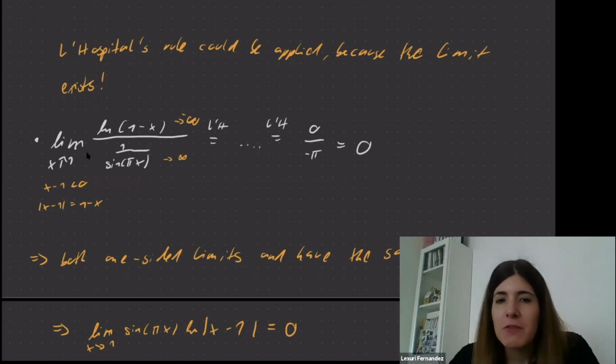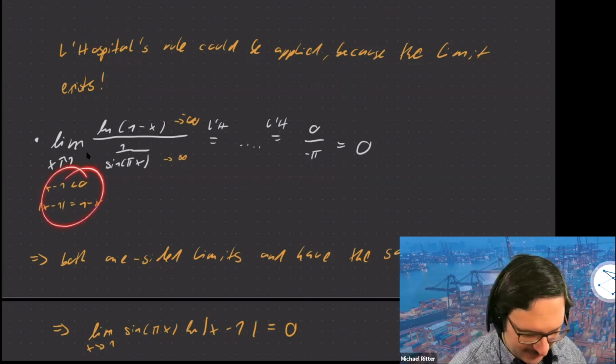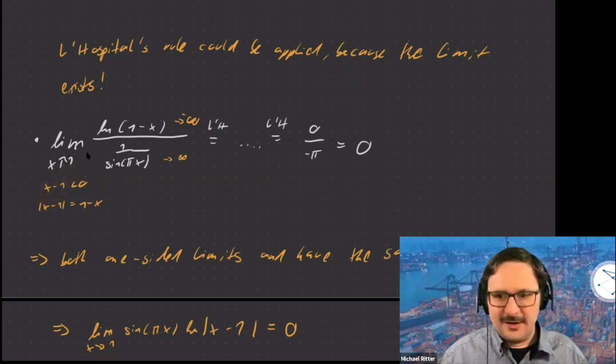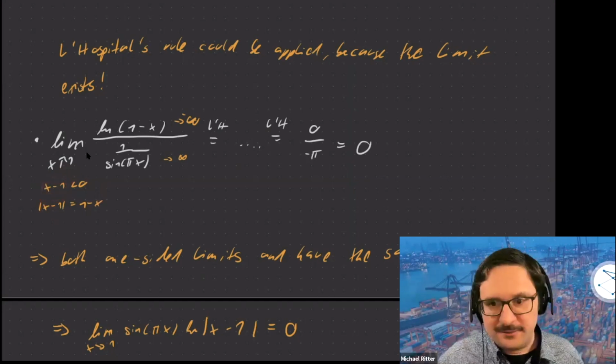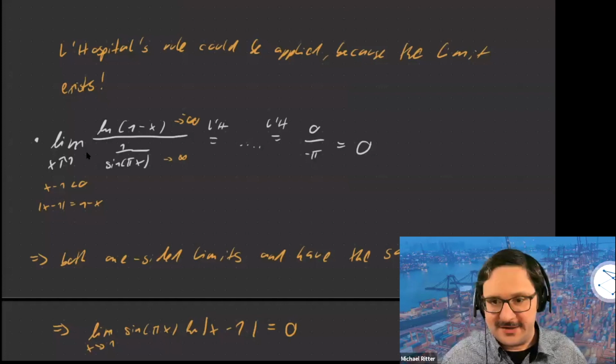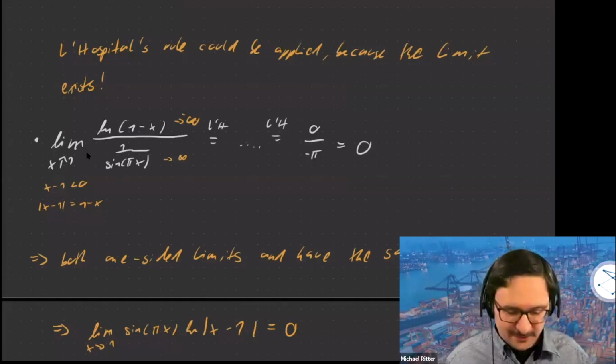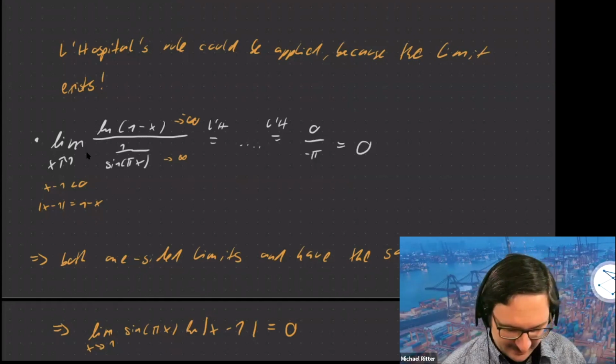Could you please explain how the absolute value was transformed to 1 minus x again? Well, basically what I did here is, if this here is negative, it's a negative number like -7. What is the absolute value of -7? That is, of course, +7. Or you could write that as, well, let's write that down actually.